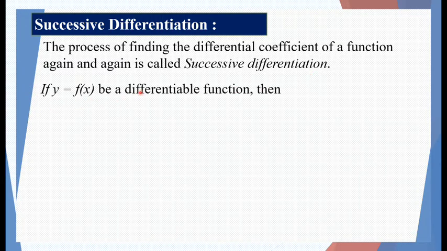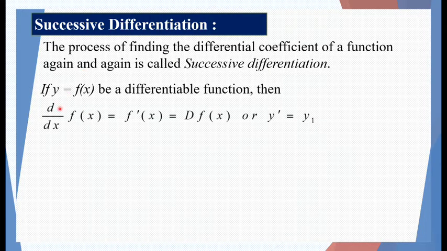If y equals f(x) is a differentiable function, then d over dx of f(x) can be written as f dash x or capital D of f(x) or y dash or y1. So these are all the notations by which we can denote differentiation of first order.